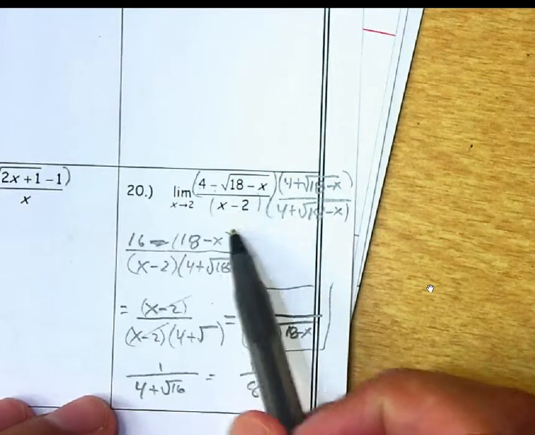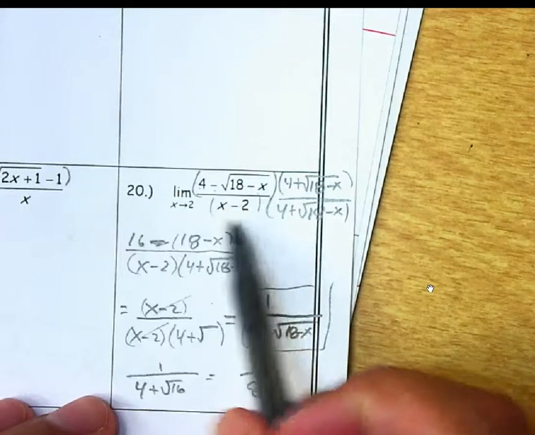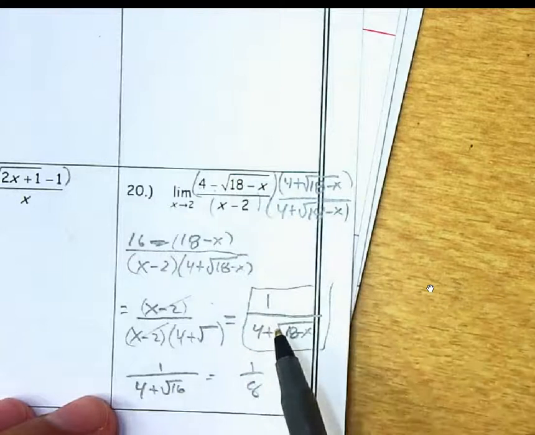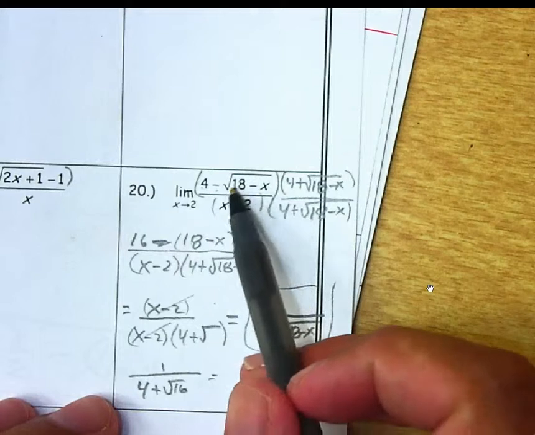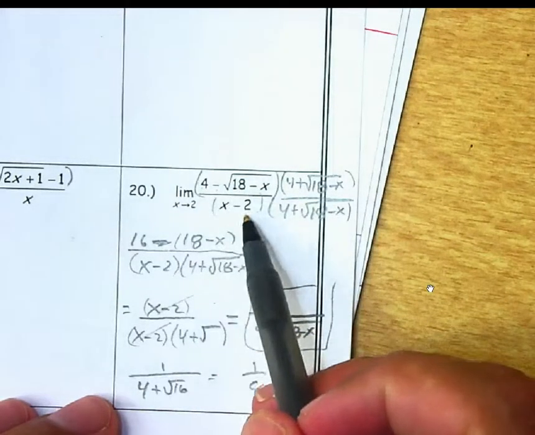So we have two problems here. 0 in the denominator is by far the biggest problem. But then this radical also can cause the problem to be a little bit more difficult.